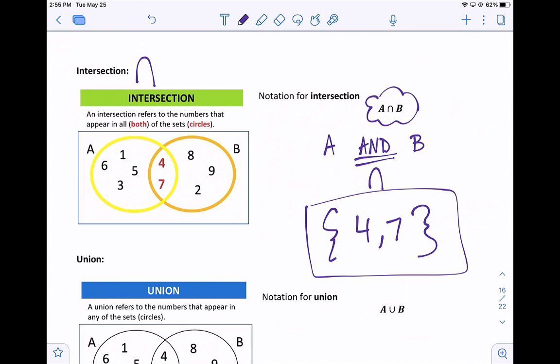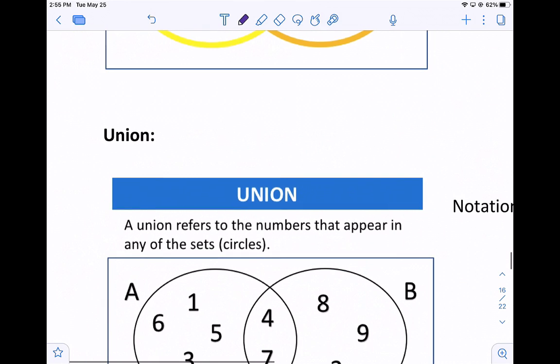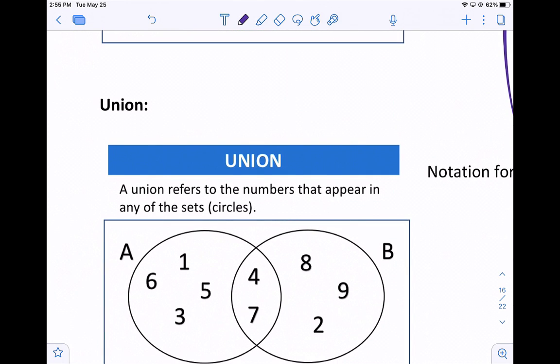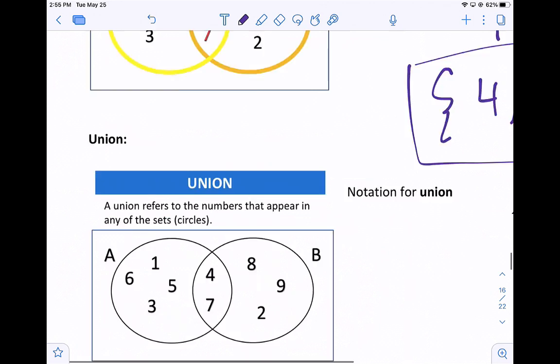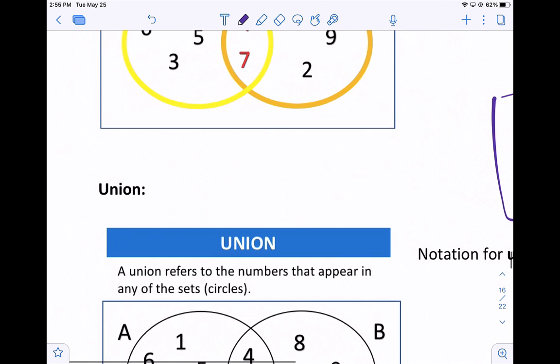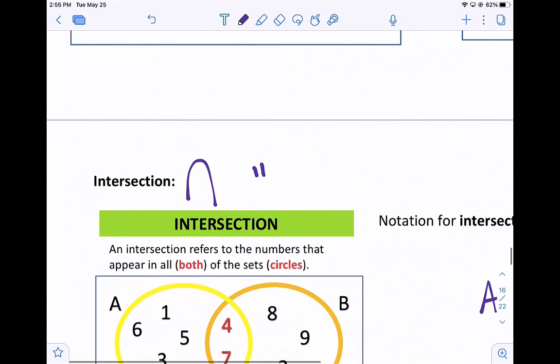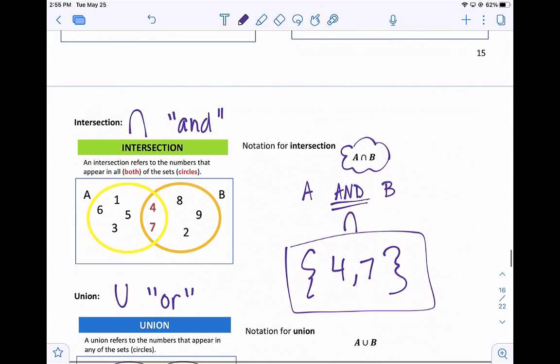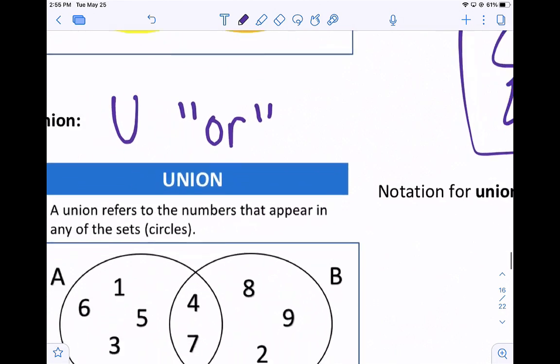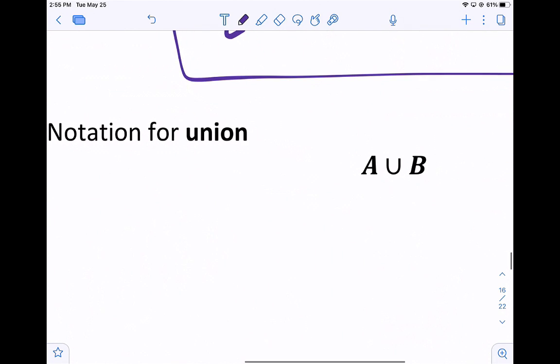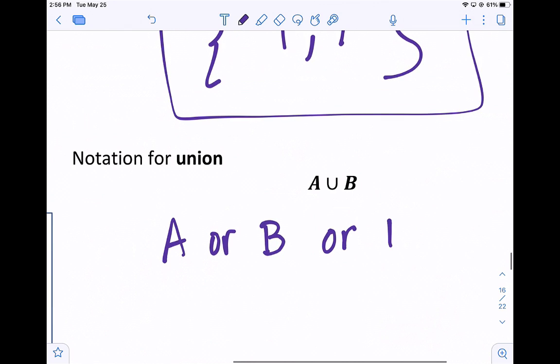We have this other word that we use when categorizing things in a Venn diagram. It's a union. A union refers to the numbers that appear in any of the sets. The symbol for a union looks more like this, and it means or. Intersection means and. When you see the or, it means they're in sets A or B or both.